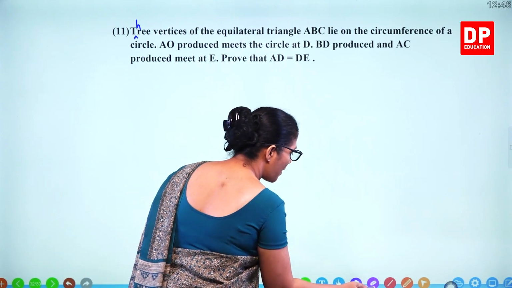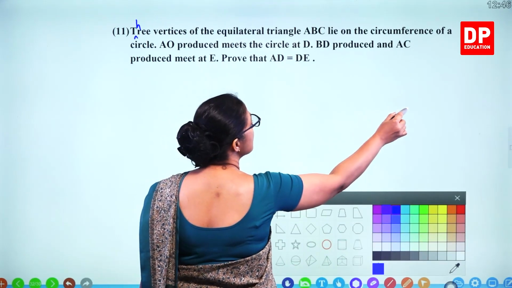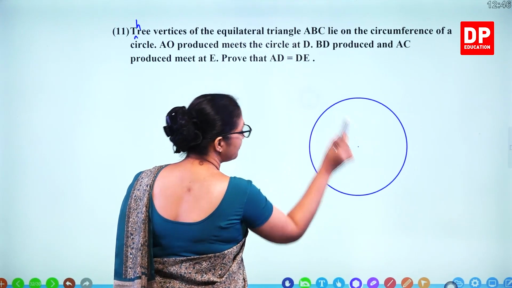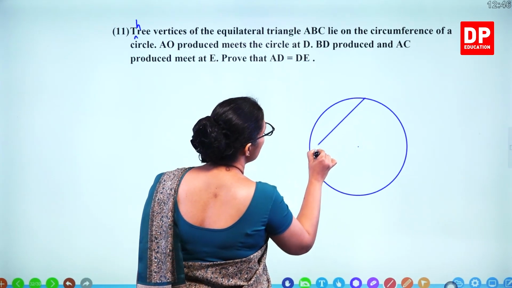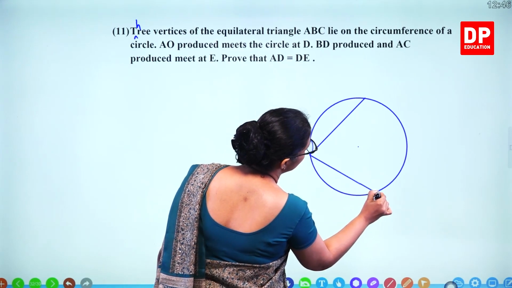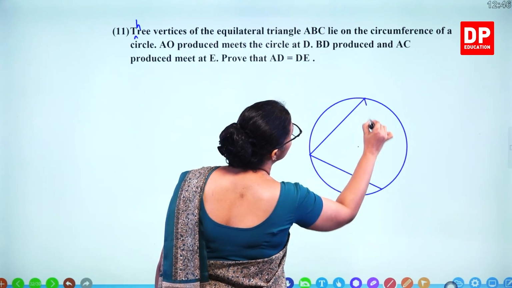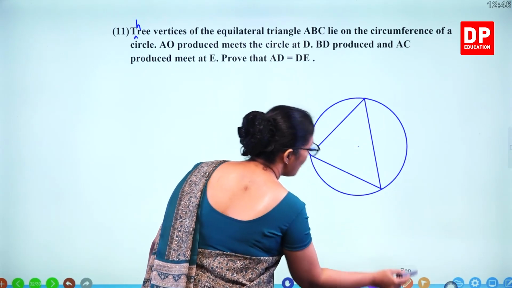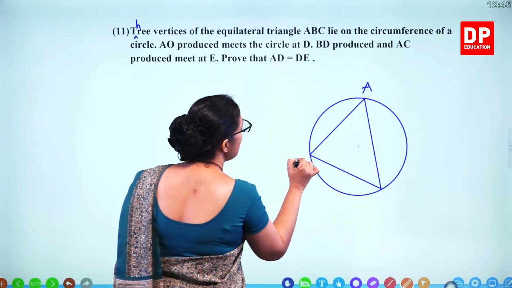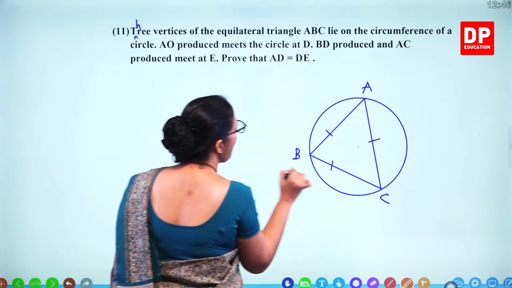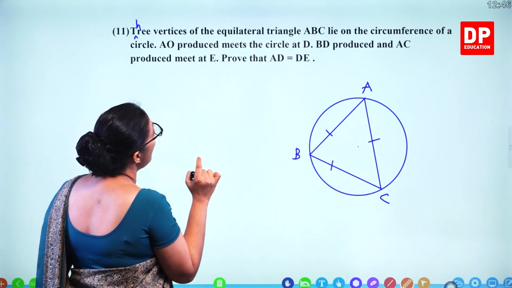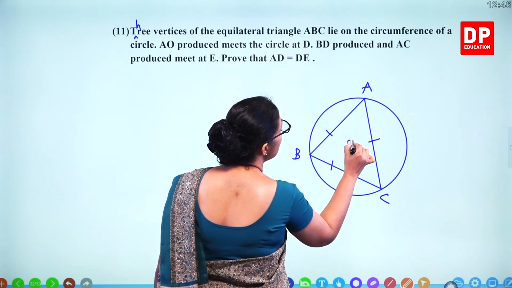So we'll draw the diagram. We need to draw a circle first. And it says ABC triangle, equilateral triangle. So A, B, C, all lengths are equal, and O is the center.